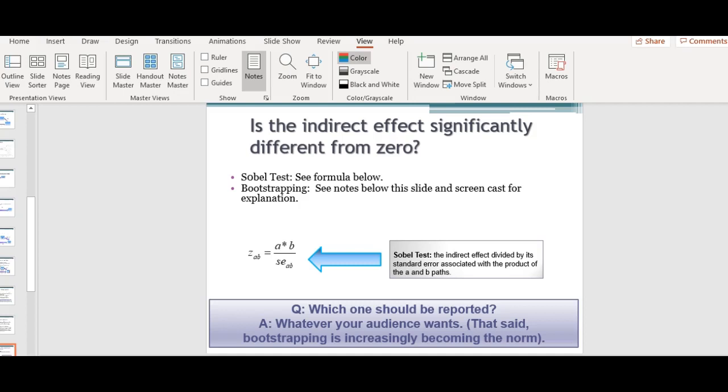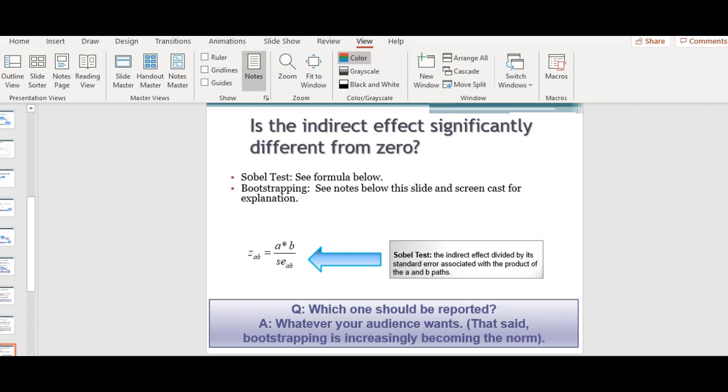And if that range contains 0, like it's a negative to a positive indirect effect, then we know that the indirect effect is just not significant. At 90 percent, p is less than 0.1. If it's 95, p is less than 0.05. And that is what you'd report.